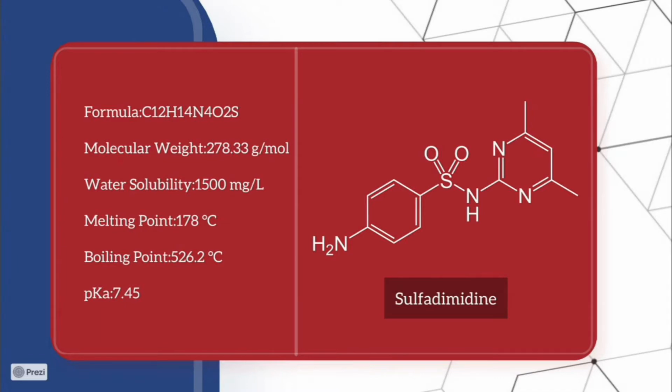Also, the melting point here is more than the melting point for the sulfanilamide, which here is 178 Celsius. And you can see that the pKa is lower, as we have here a pKa of 7.45. That means that this sulfonamide is more of an acid than a base.